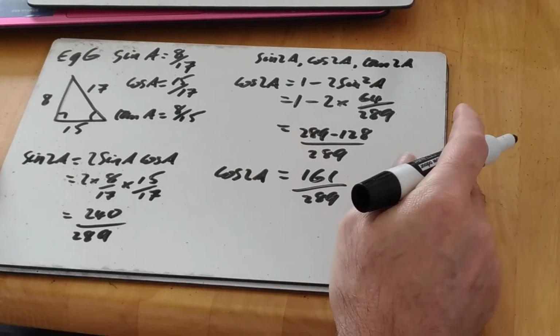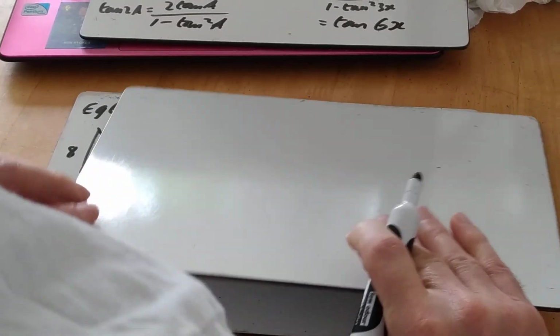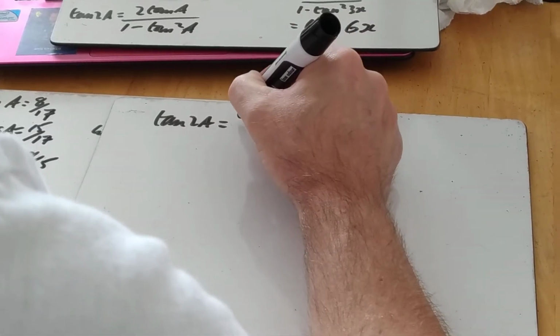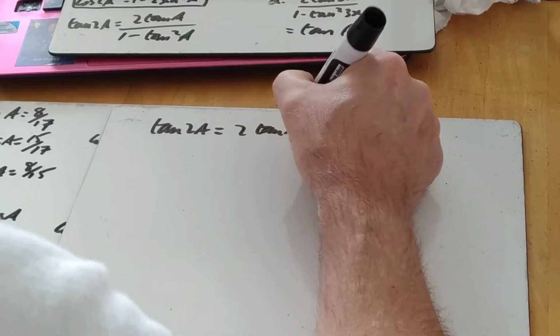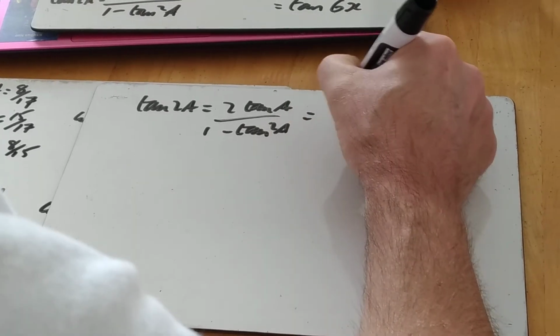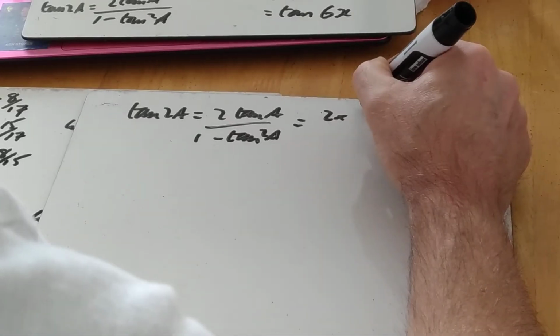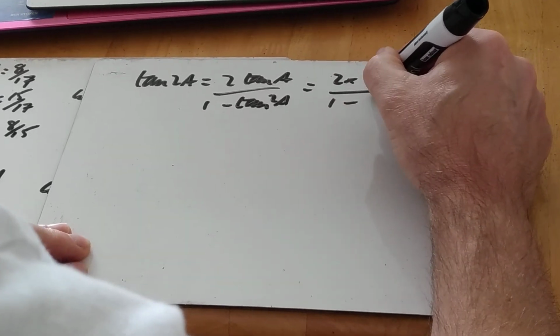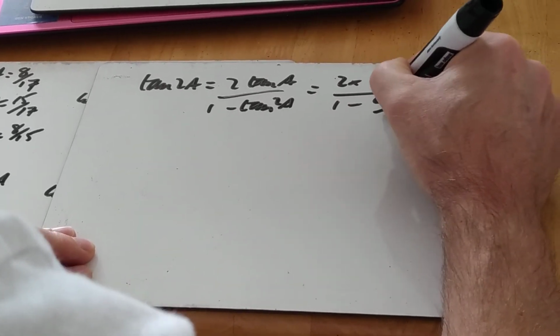I'll do the last one over here, tan 2A, messy fraction. I've got the values there so I can still see them. Tan 2A is 2 tan A over 1 minus tan squared A, so it's 2 times 8 over 15 over 1 minus 64 over 225.